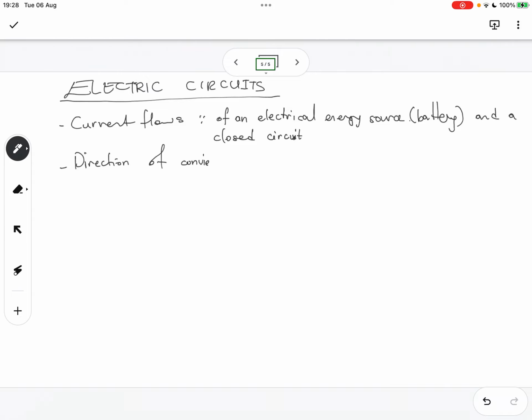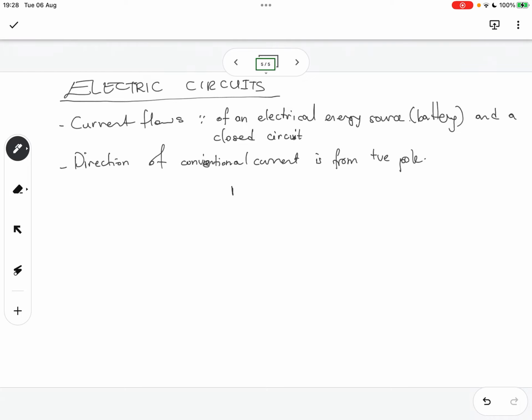The direction of conventional current is from the positive pole of the cell, and it goes through the circuit to the negative pole or terminal.